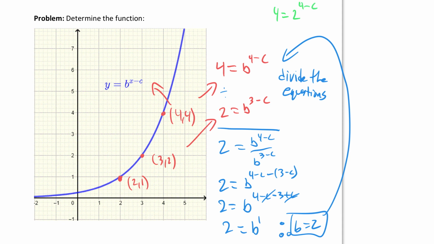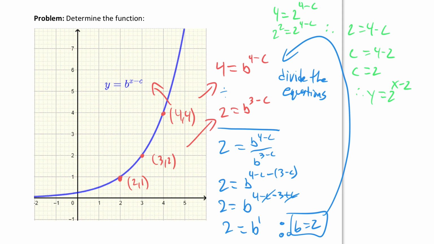We can solve this like a regular exponential. So 2 to the 2 equals 2 to the 4 minus c. We drop the base and we get 2 equals 4 minus c. So c equals 4 minus 2, so c is equal to 2. Therefore our equation is y equals 2 to the x minus 2.